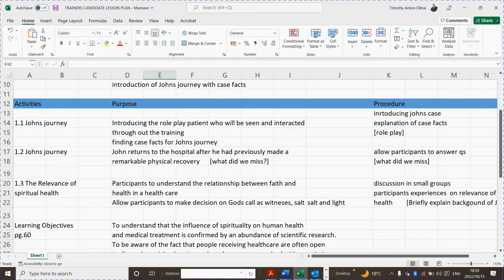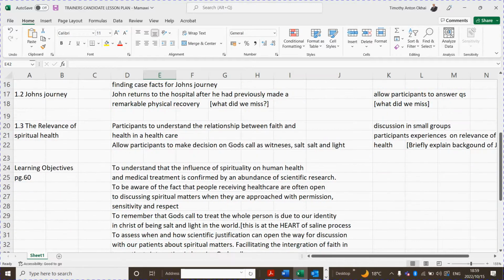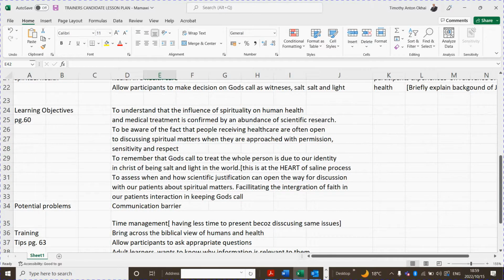To remember that God's call to treat the whole person is due to our identity in Christ of being salt and light in the world. So this is the heart of the process. To assess when and how scientific justification can open the way for discussion with our patients about spiritual matters, facilitating the integration of faith in our patients' interaction in keeping with God's call.